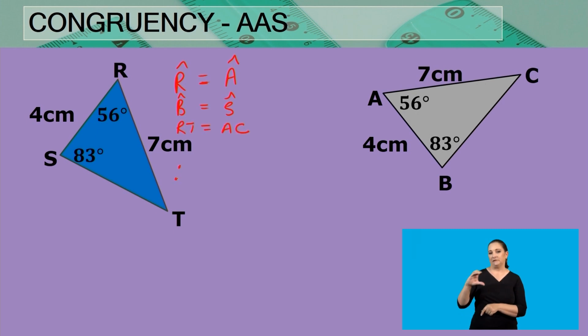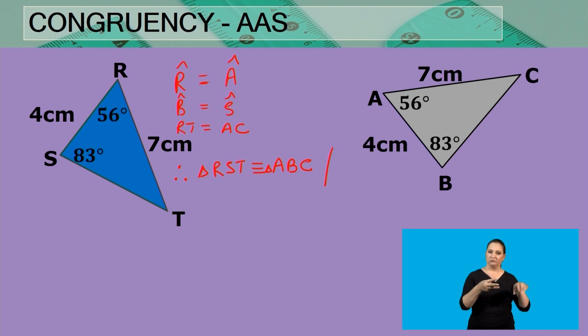And because we have these three conditions, we can conclude that we have triangle RST, and that is congruent to triangle ABC.